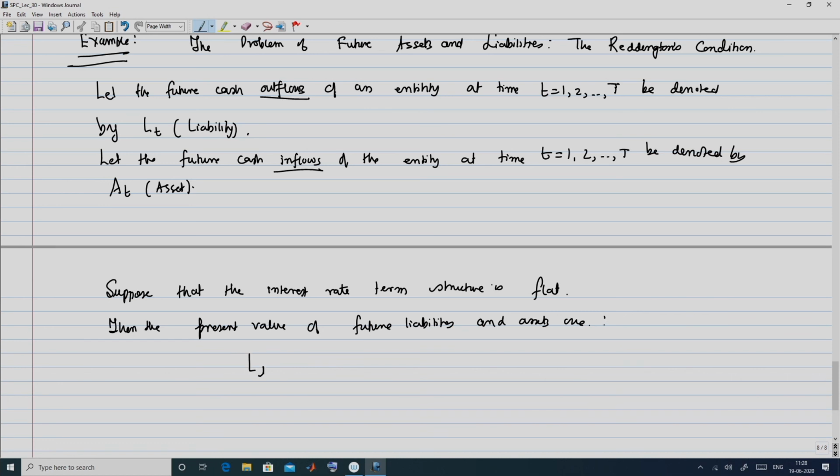If we have the liability payment L_t at time t, the present value of the tth liability is L_t into (1 plus r) raised to minus t, and the present value of all the liabilities is the summation of this from t equal to 1 to capital T, which we denote by capital L. And likewise, the present value of the assets is the sum from t equal to 1 to capital T of (1 plus r) raised to minus t into A_t, which I will denote by A.